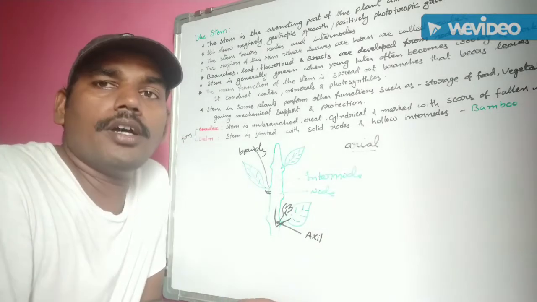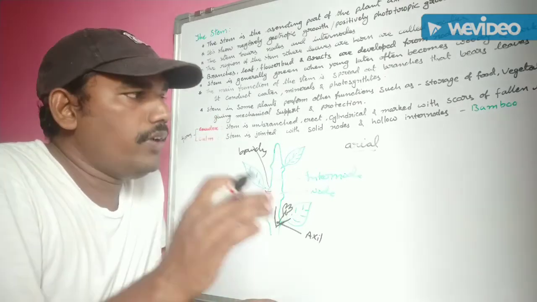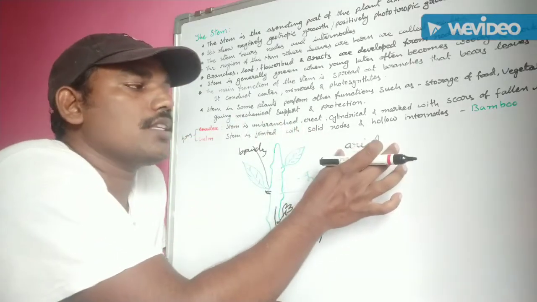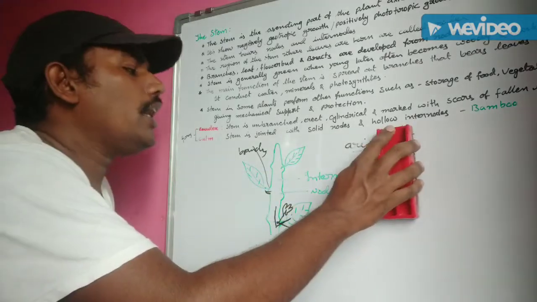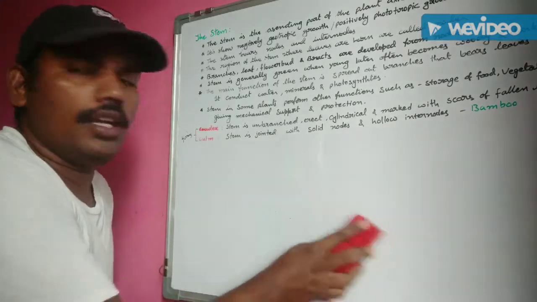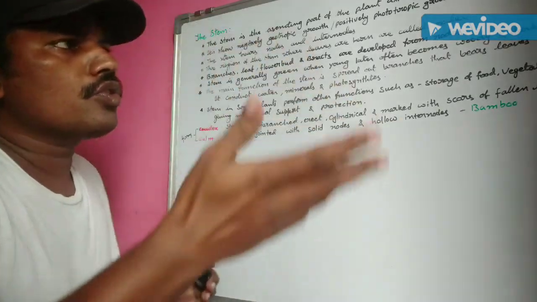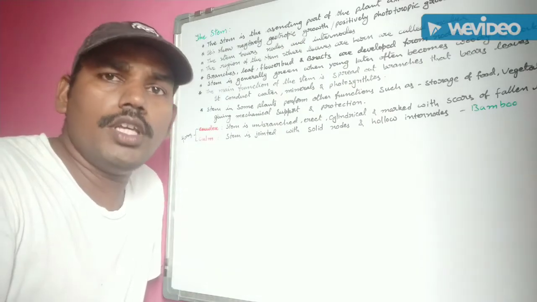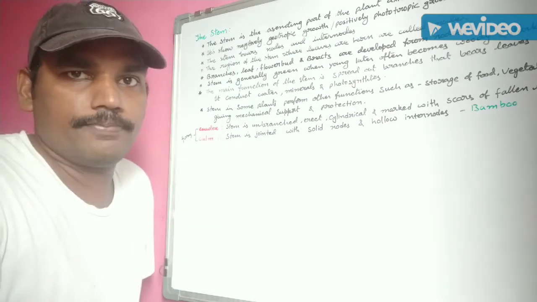This type of part is known as underground. Where plant parts are exposed to air, they are known as aerial. So the stem is generally aerial, and it shows positively phototropic growth and negatively geotropic growth.